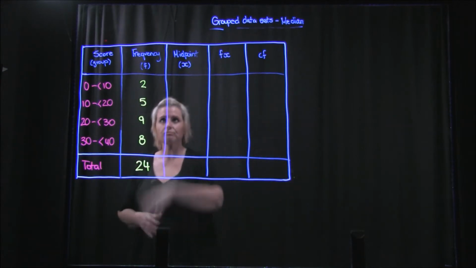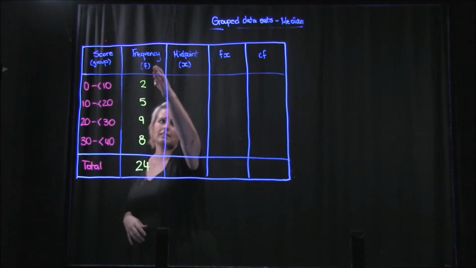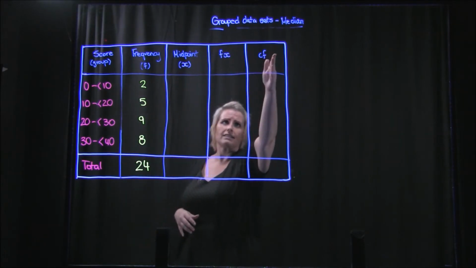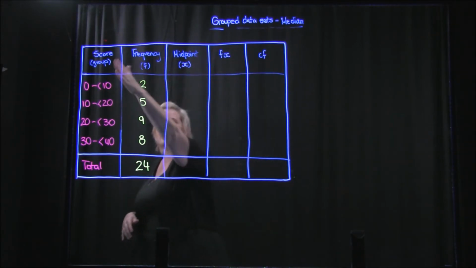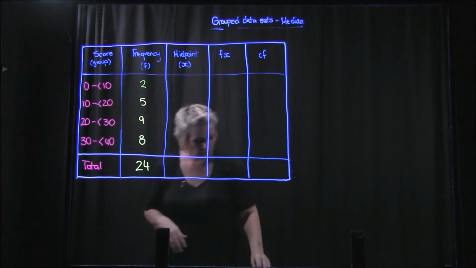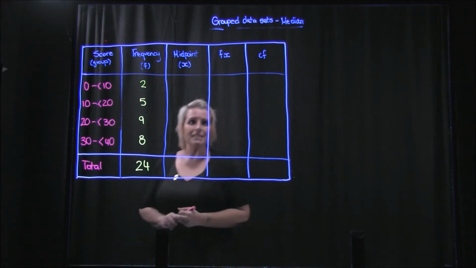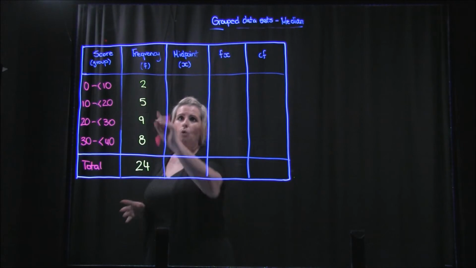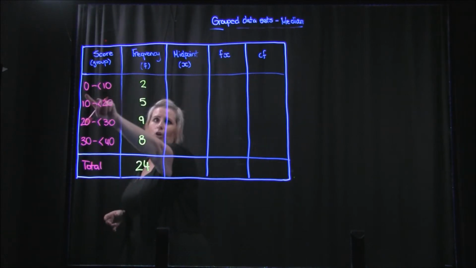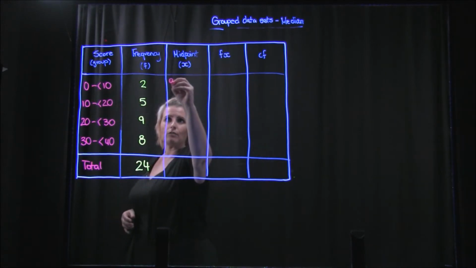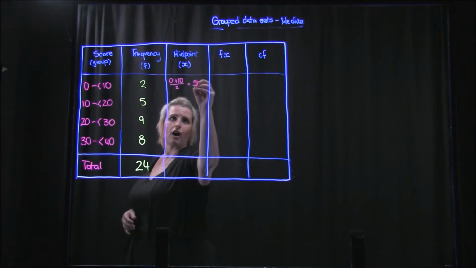And on. We have our frequency column, still an F. We still have our FX and CF. However, instead of having our grouping, our X is now our midpoint. To find the midpoint, we add our upper and lower boundaries. So our lower boundary of 0 and our upper boundary of 10, and then we divide by 2. That gives us 5.